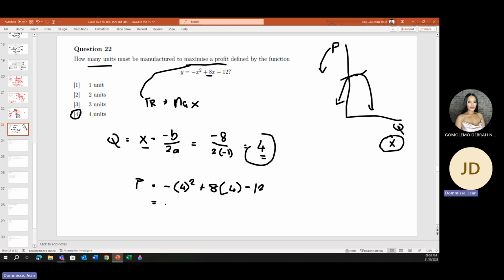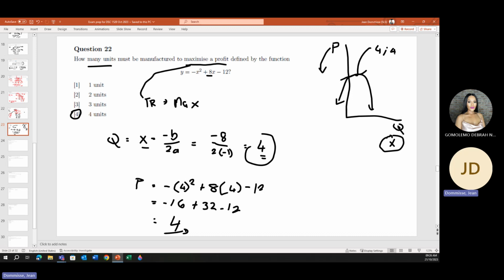So that's 16, so that will become minus 16 plus 52 minus 12, which is also actually 4. Okay, so quite interesting, your price and quantity. So that turning point would have been X4 and Y4.